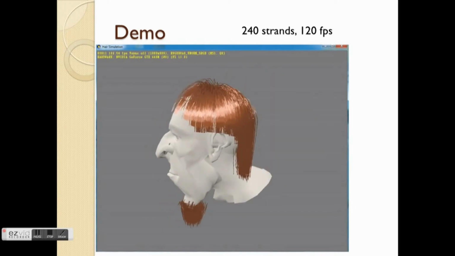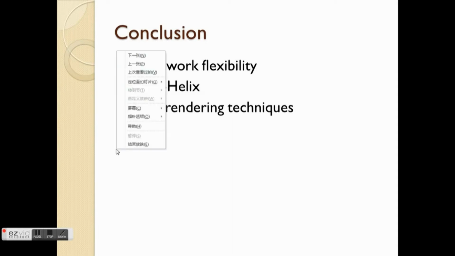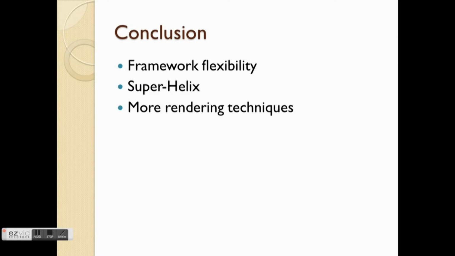So for the conclusion, I think one very important part of our program is the flexibility of this framework. We can create any hairstyle we want for our character. And since we are using the shader program, it's very convenient for us to replace any stage of our framework.